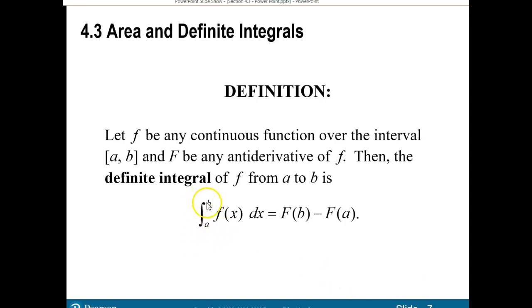So the definite integral, the same symbol we saw back in 4.1 to represent an antiderivative, but if we're going to put limits on it this time from a to b of the function f of x with respect to x, is the antiderivative of the function evaluated with b plugged in minus the antiderivative evaluated with a plugged in. Exactly what we just did. Find the antiderivative, plug in b, plug in a, subtract.